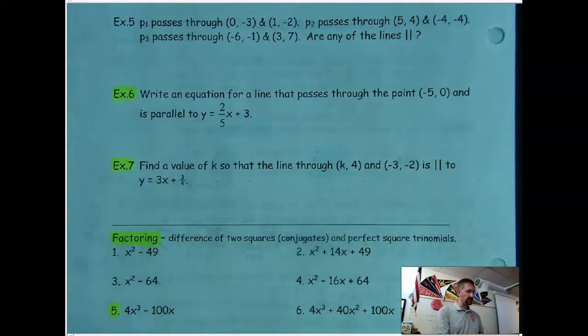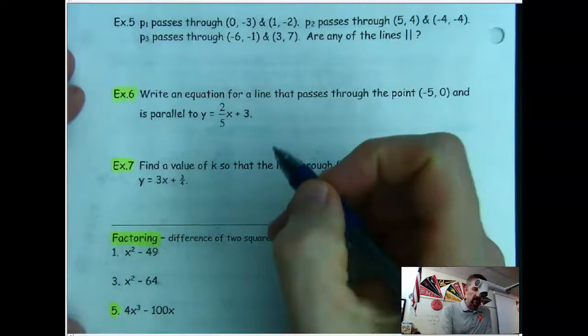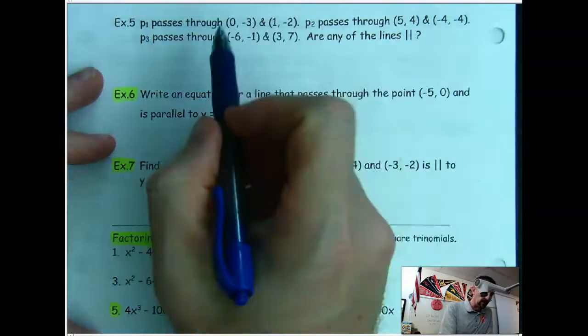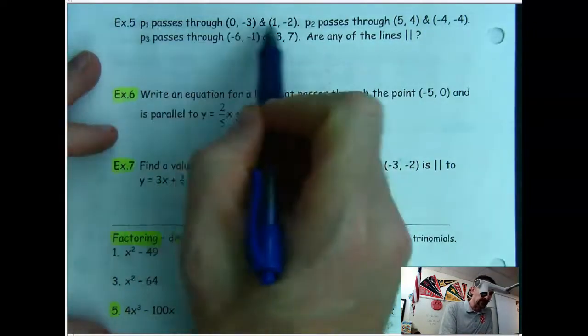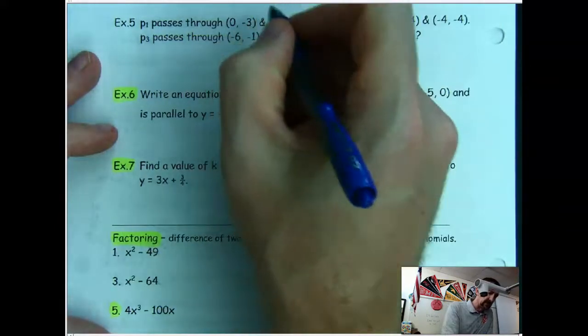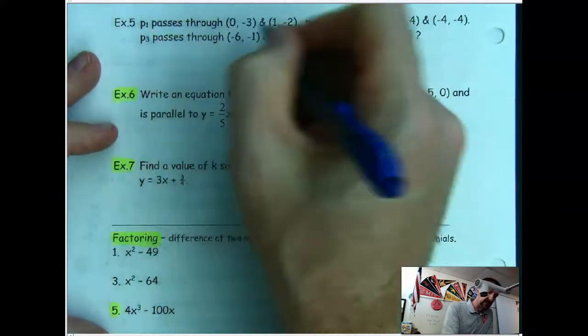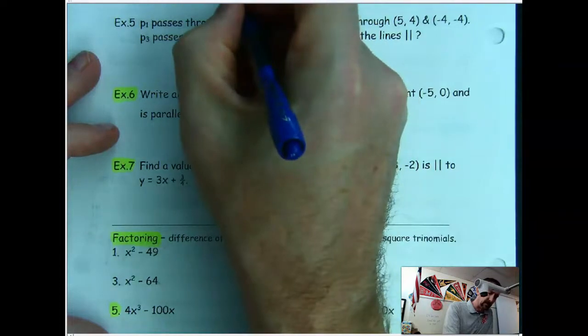Moving along. P1 passes through those 2 points. Okay, so basically it's kind of the same situation, we're just looking at it from the graph. So what we want to do is find the slope between these 2 points. So that's going to be, if you always do y2 minus y1, you probably should always do it the same way.